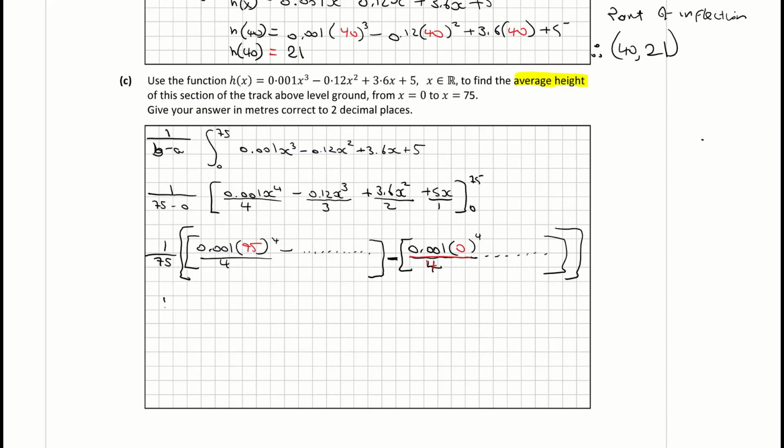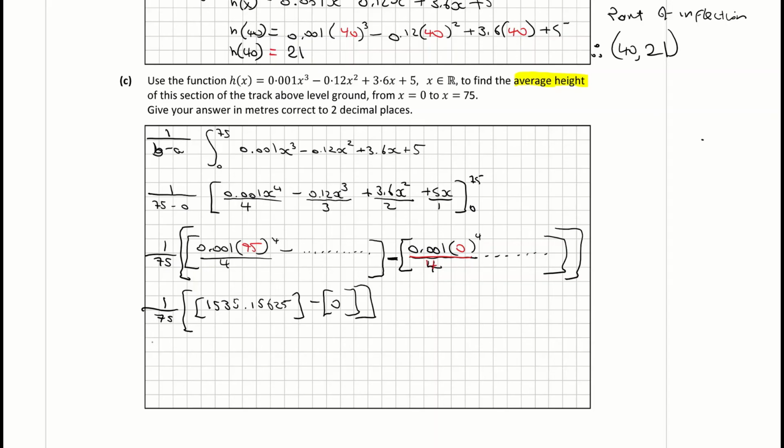So that's going to leave me with 1 over 75. And when I go to my calculator and I do the subbing in for 75, I got 1,535.15625. And when I sub in 0, I just get 0, because x is being multiplied by a coefficient and x is 0, so 0 by anything just gives me 0.